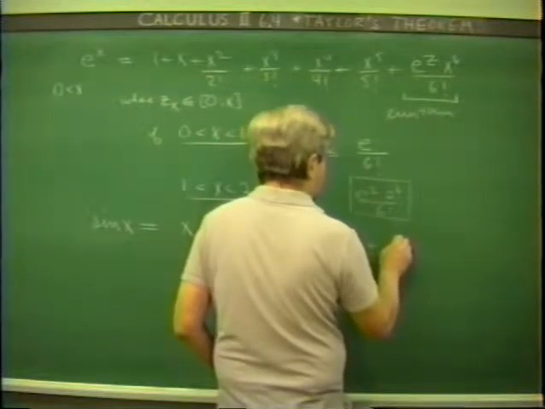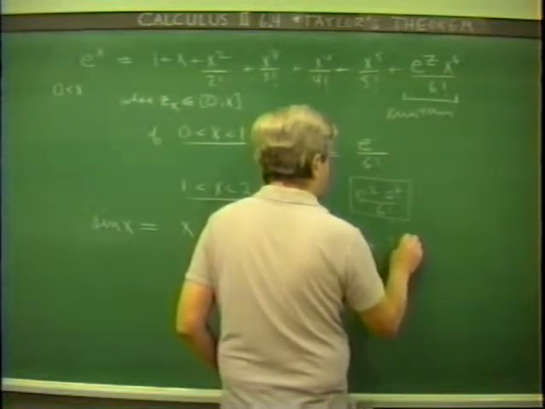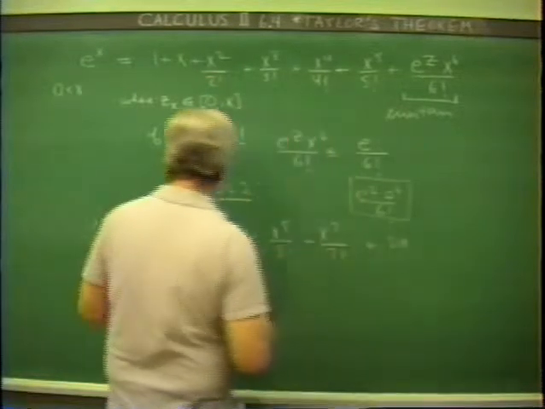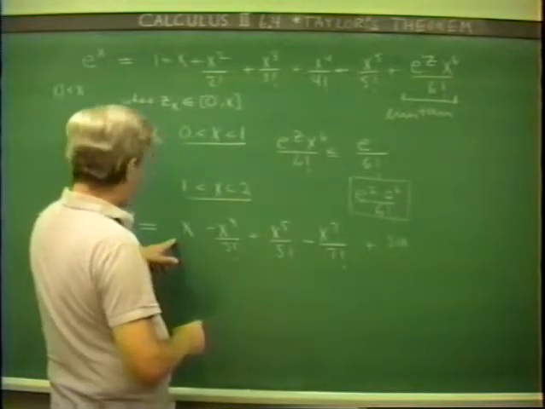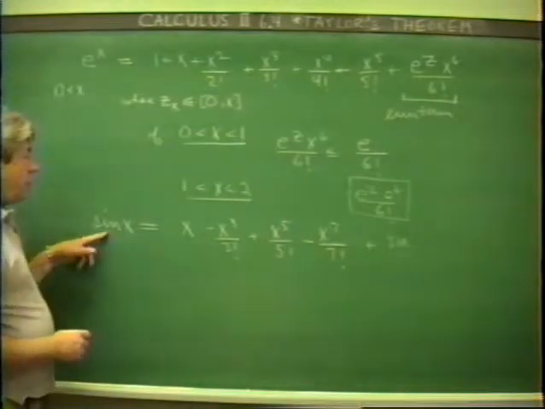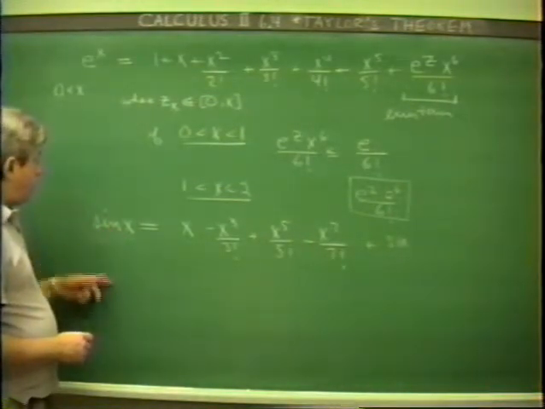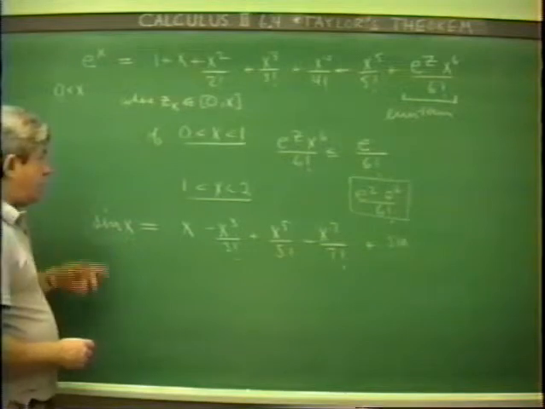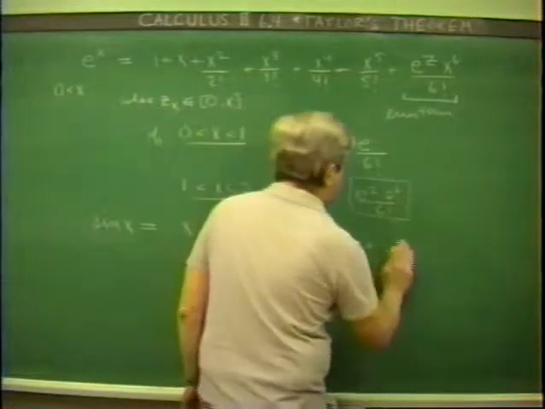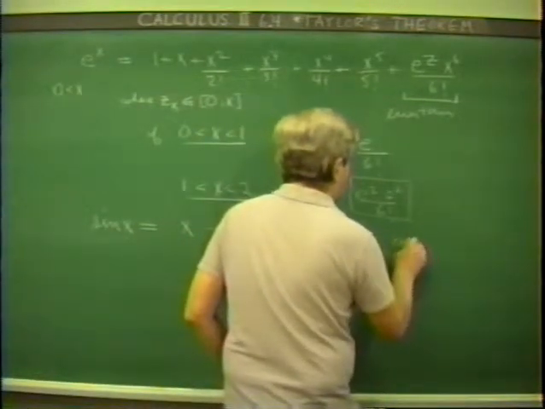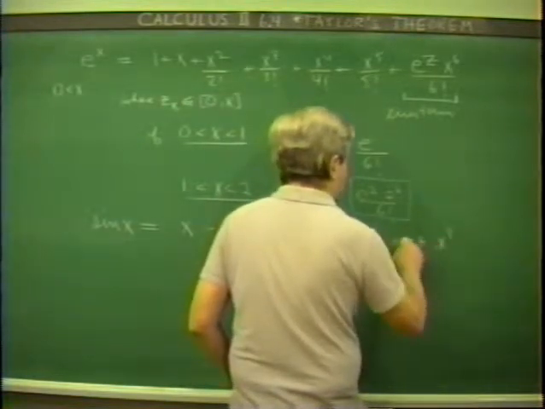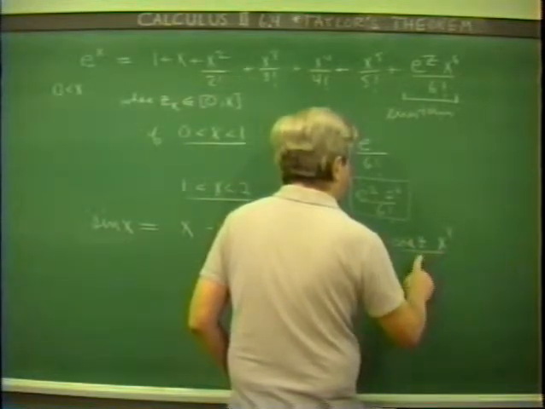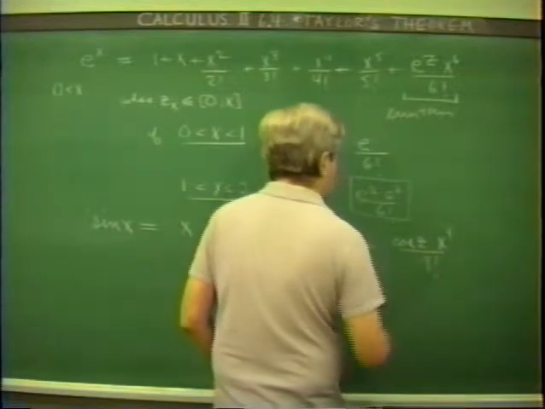We want the value of the derivative, which is going to be sine or cosine, the 9th term here. Let's see, the function is sine x, so its 4th derivative is going to be sine x, its 8th derivative is going to be sine x, the 9th derivative is going to be cosine x. So cosine z, x to the 9 over 9 factorial.